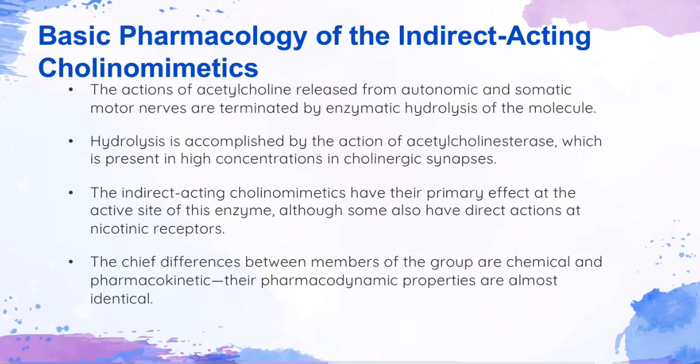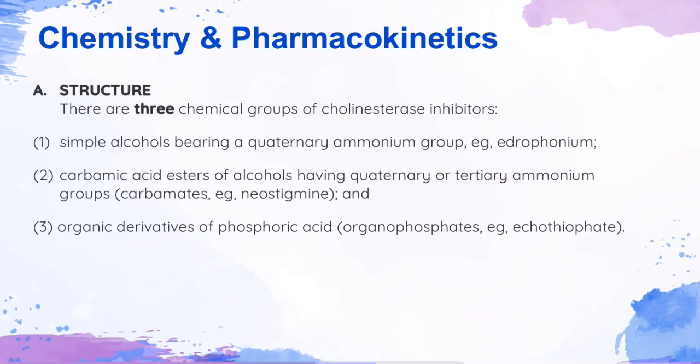The indirect-acting cholinomimetics have their primary effect at the active site of this enzyme, although some also have direct actions at nicotinic receptors. The chief differences between members of the group are chemical and pharmacokinetic. Their pharmacodynamic properties are almost identical.